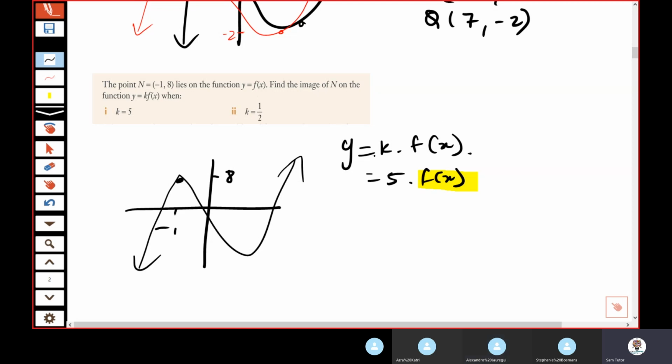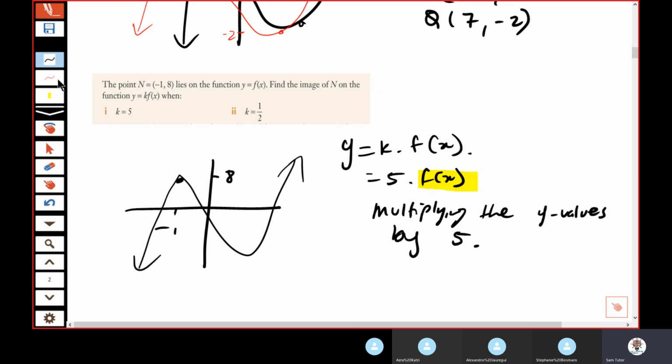So your new one, y equals k times f of x, you are multiplying the y values by 5. You're multiplying all the y values up by 5.